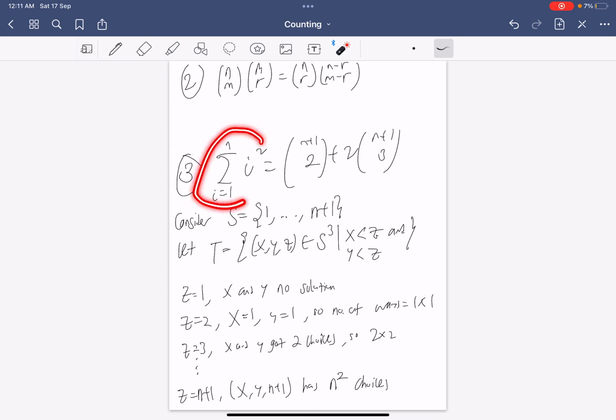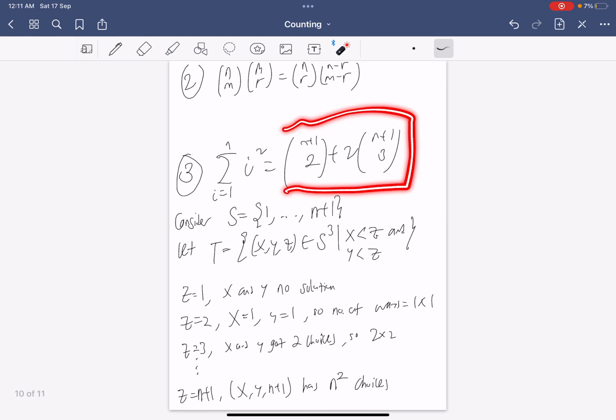Firstly, our left hand side is a purely algebraic structure of a summation of the square of the terms, and we'll show that it can equal the choices on the right. So let's see what our right hand side says. Our right hand side says that we are choosing from an n plus 1 element set, and so we consider the n plus 1 element set.